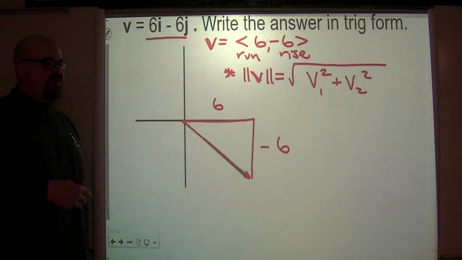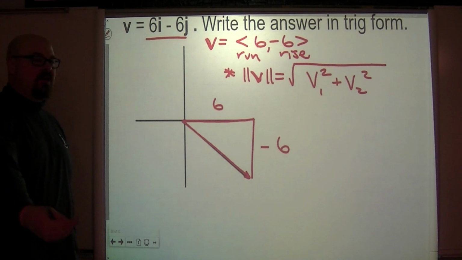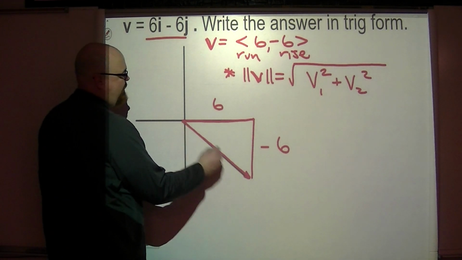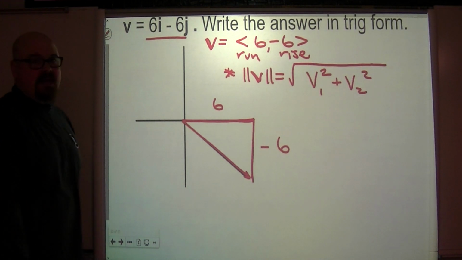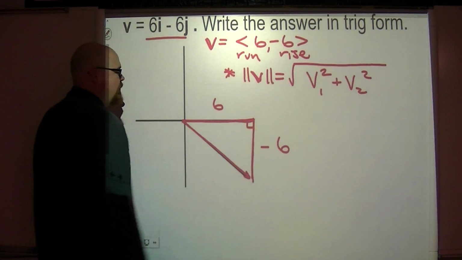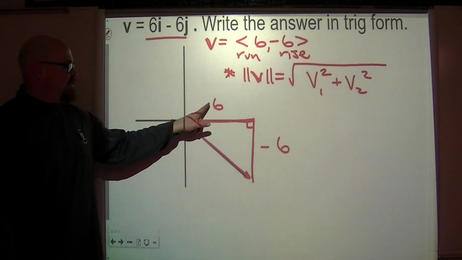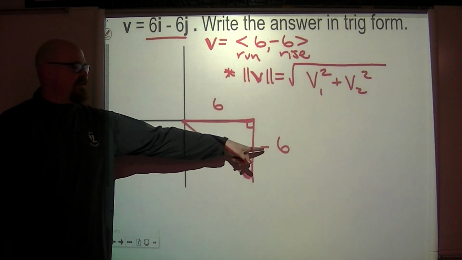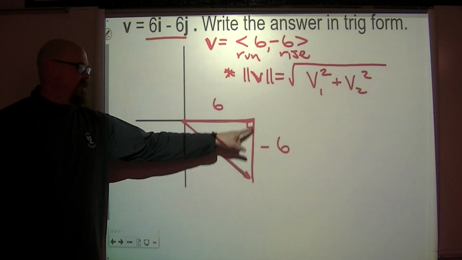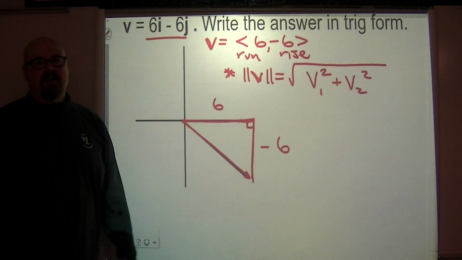Let's think back to geometry, if you will. Here I have drawn, with this vector and its 2 components, a right triangle. This right triangle has 2 legs that have the same length. Ignore the fact that this is -6. The absolute value of that distance is 6. This is 6, right?